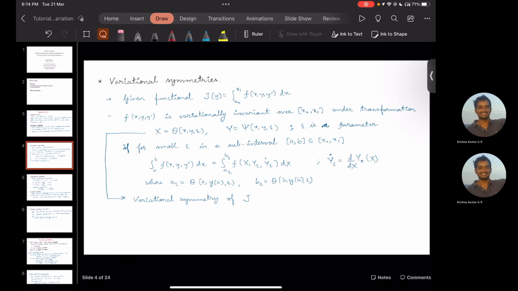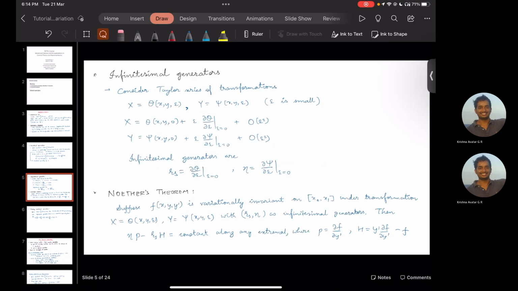Okay. Now let's briefly look at infinitesimal generators. Given the transformations that we just wrote down, capital X equals theta of x, y, epsilon and capital Y equals psi of x, y, epsilon, we expand capital X and capital Y in a Taylor series about epsilon equals 0.